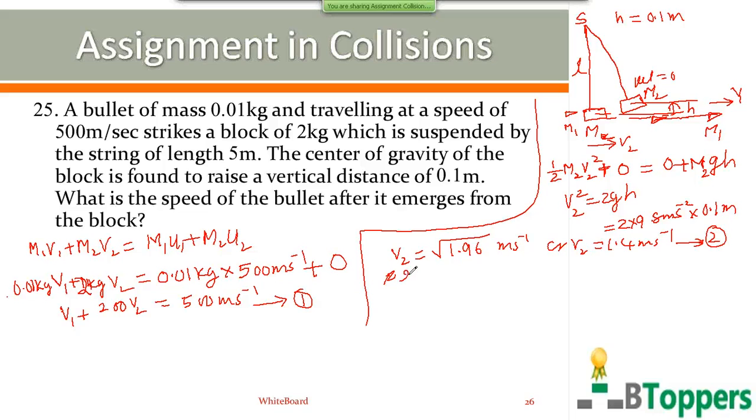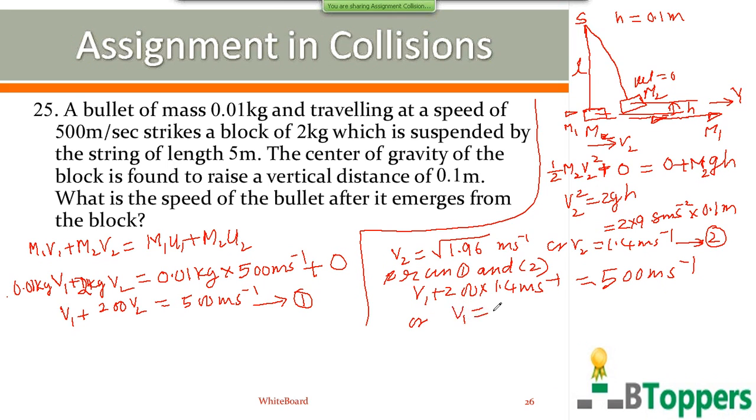From the first and second equations, you get v1 plus 200 into 1.4 meter per second equal to 500 meter per second. If you want to copy the solution of the problem, you can pause and copy it, and you can try to complete the calculation part also.